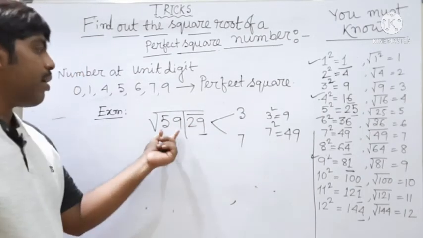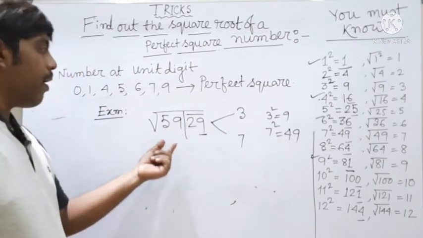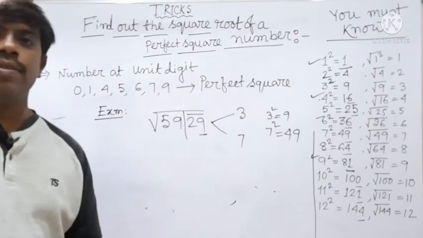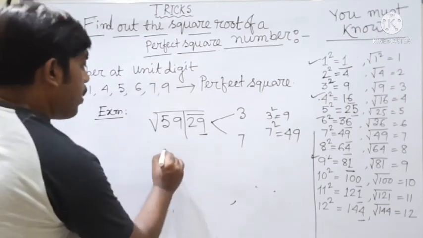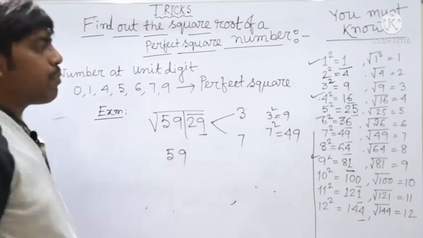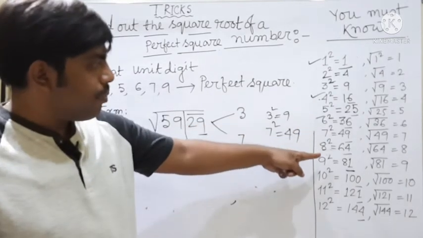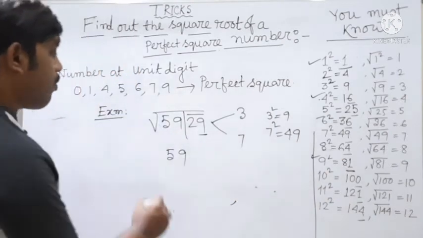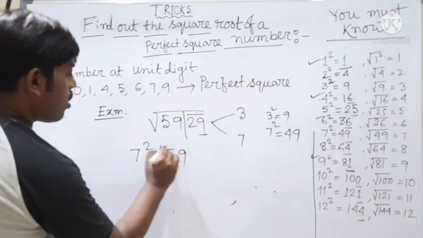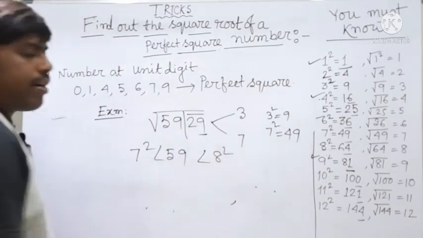Then which number is remaining? 59. Now we have to look, 59 lies between which two perfect square numbers? You can see the table, 59 lies between 49 and 64. Therefore 59 lies between 7 square and 8 square.